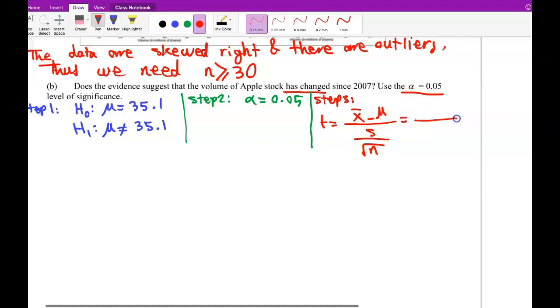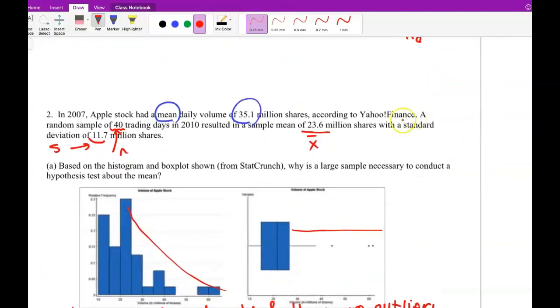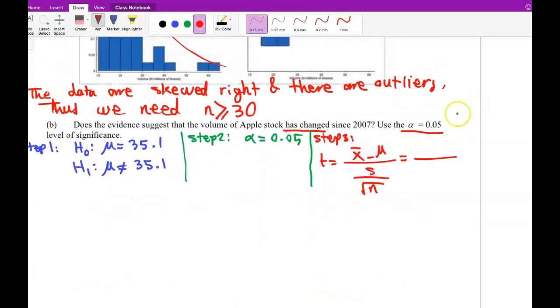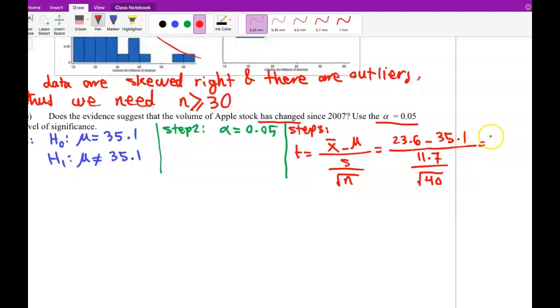The x bar that was given is 23.6, sample standard deviation is 11.7, mean is 35.1, and n is 40. So that is equal to negative 6.216.